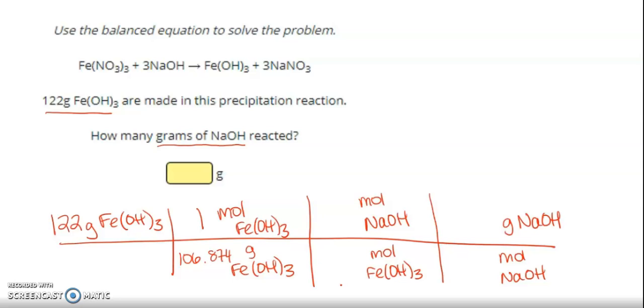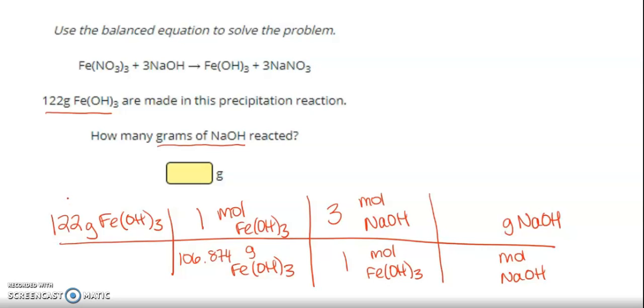For the next column, we have the mole to mole ratio, and for that we look on the balanced equation. 1 mole FeOH3 is made from 3 moles NaOH. For the last column, remember, don't drag down that 3 moles NaOH. Okay, this is its own thing.